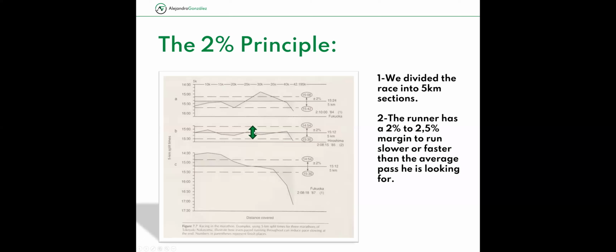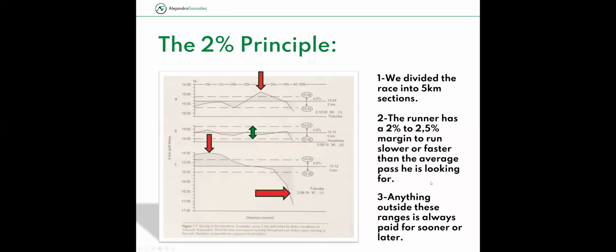In this case, that was the most successful race that Nakayama did. He ran 2 or 2.5% faster than the average pace every 5 kilometers, or 2 or 2.5% slower than the 5 kilometer average split.